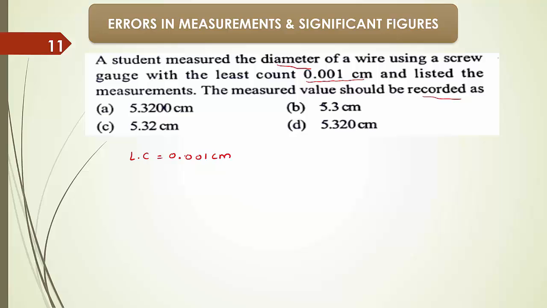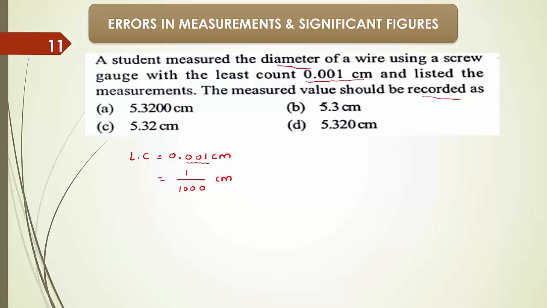The least count is the smallest length we can measure from this instrument, 0.001 centimeter, which can be measured accurately with it. So LC equals 0.001 centimeter, or 1 divided by 1000 centimeter. You can observe after the decimal point there are 3 digits, 001. So the measured value should be recorded up to 3 decimal places.